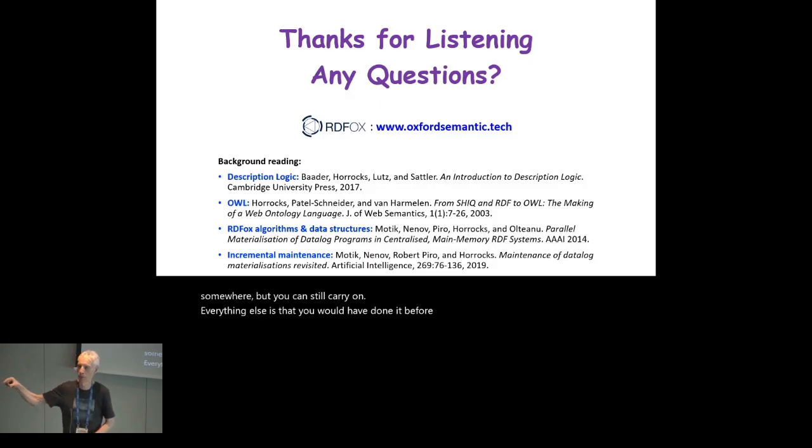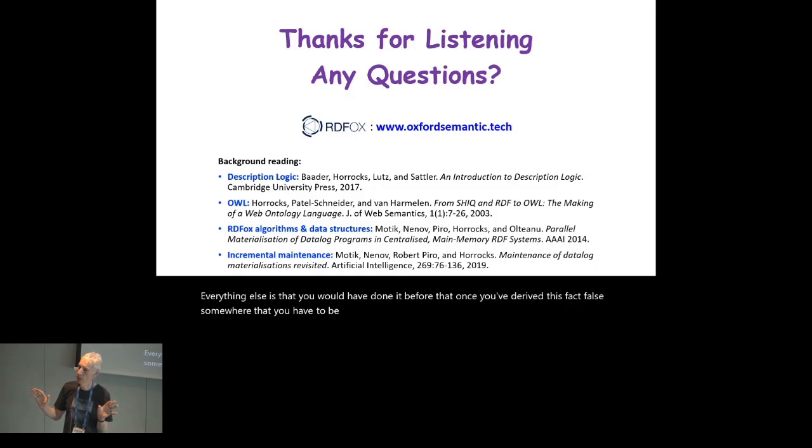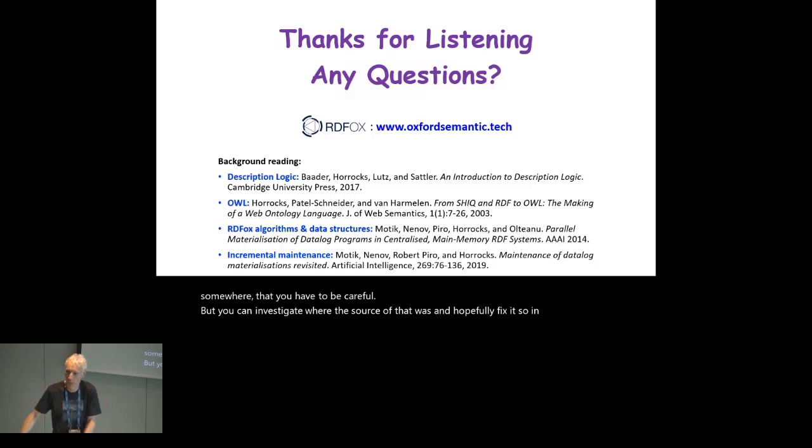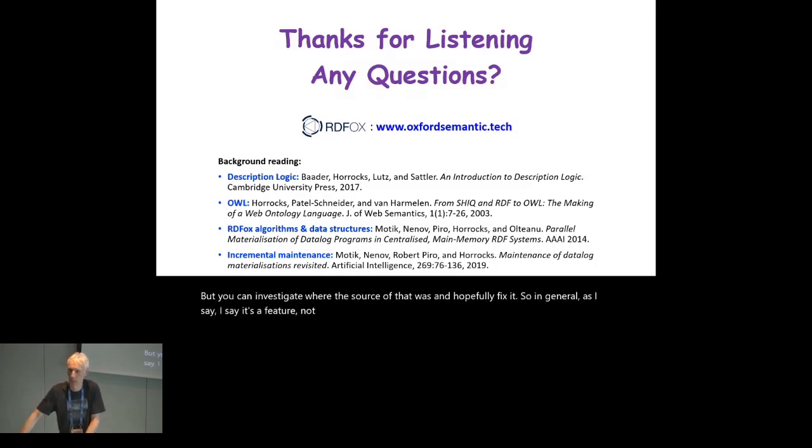You know that once you've derived this fact false somewhere, you have to be careful, but you can investigate where the source of that was and hopefully fix it. So in general, as I say, it's a feature, not a bug. It points to where there's something wacky going on that I should look at more closely and decide what to do about.